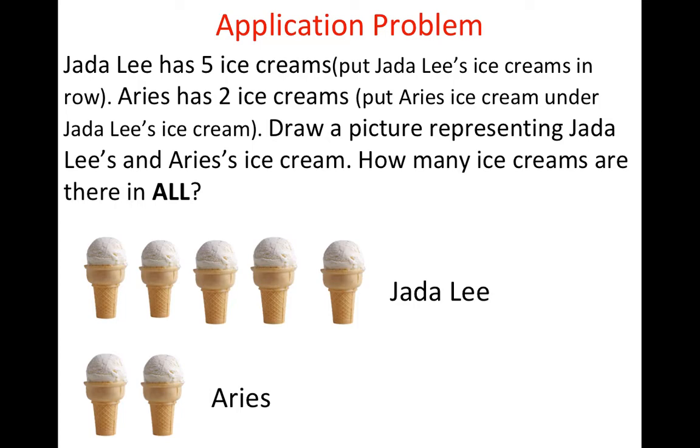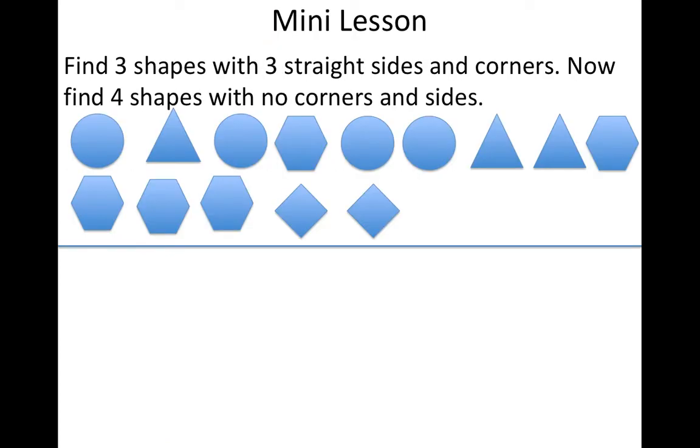Let's move on to the mini lesson. Find 3 shapes with 3 straight sides and corners. Now find 4 shapes with no corners and sides. We have learned about shapes in Module 2. I'll go over the names.